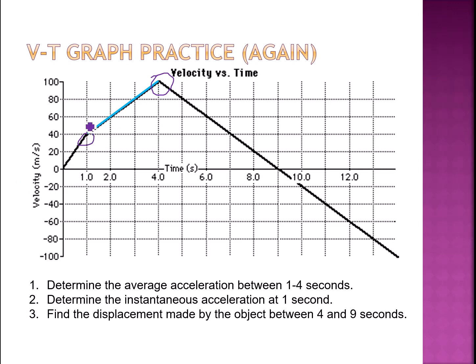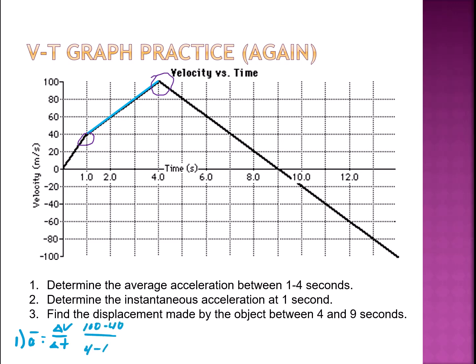The slope goes up 20 over 1, up 20 over 1. So the average acceleration between 1 and 4 seconds would be the change in velocity over the change in time, if you want to use the physics. Using the slope technique, I've already figured out that it's 20 meters per second every single second.